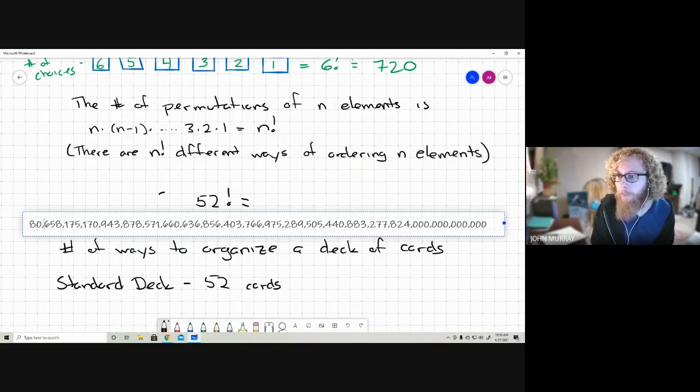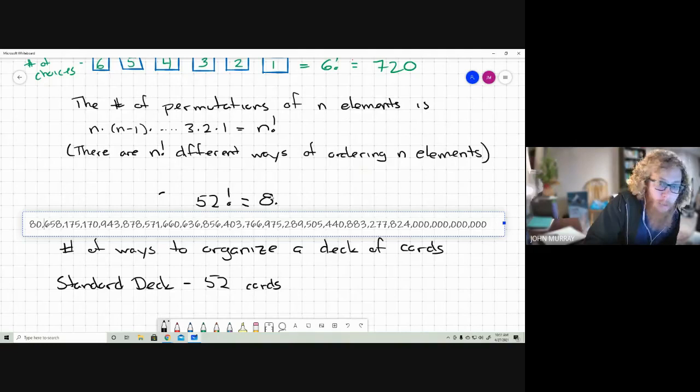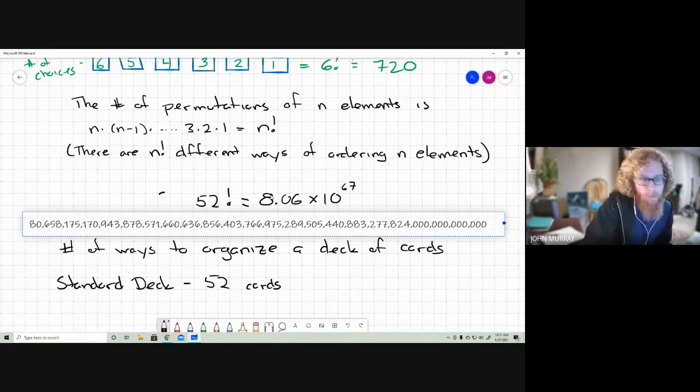Let me make sure I got it right. In scientific notation, 8.06 times 10 to the 67th power. There are 67 distinct digits in this number.